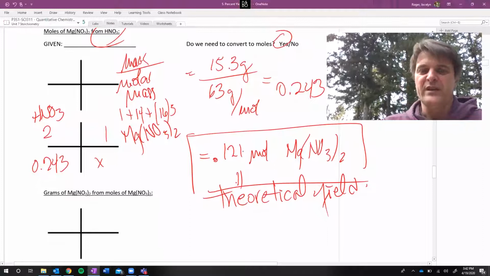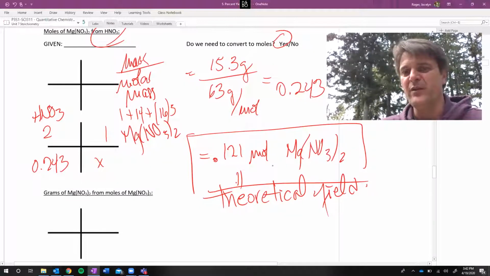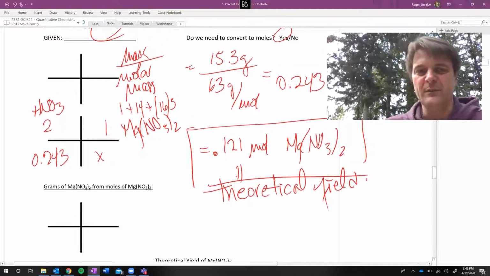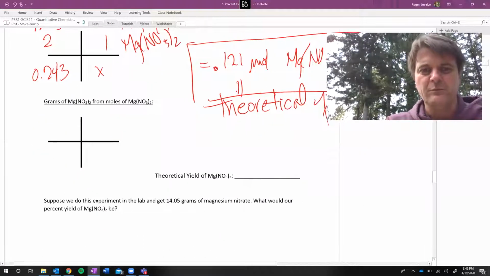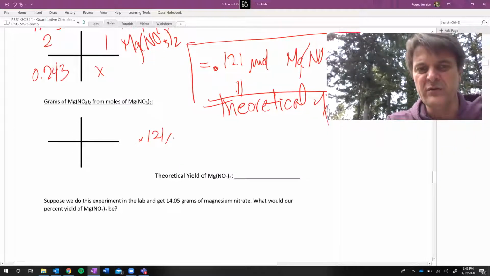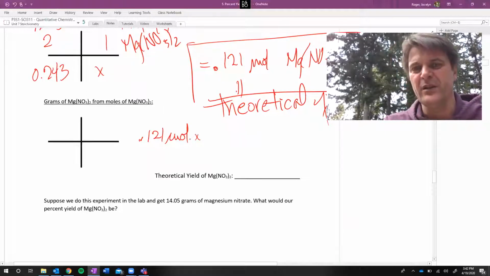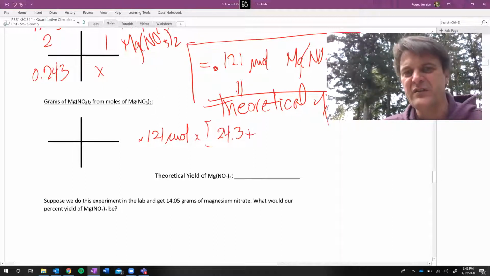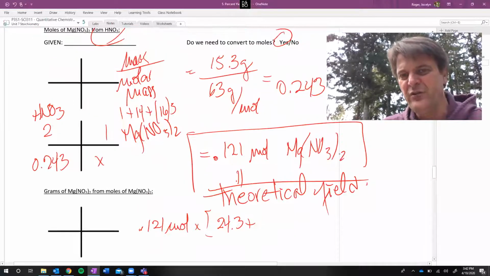We're going to take the number of moles and multiply by the molar mass of magnesium nitrate. So we would take 0.121 moles times the molar mass of magnesium nitrate. Magnesium is 24.3 plus 2 times NO3.